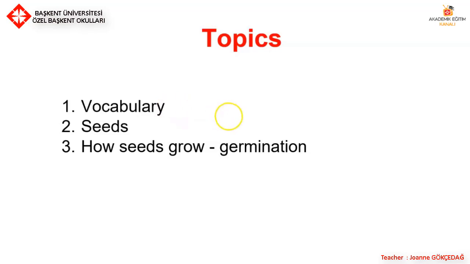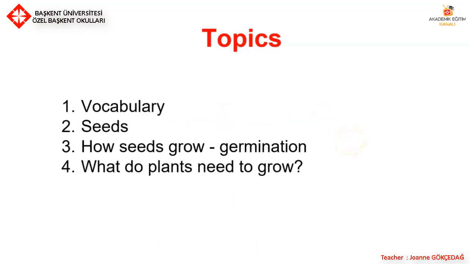Also how seeds grow. This is called germination. What do plants need to grow? And plants and light. What happens if a plant has too much light? Or what happens if a plant doesn't have enough light?